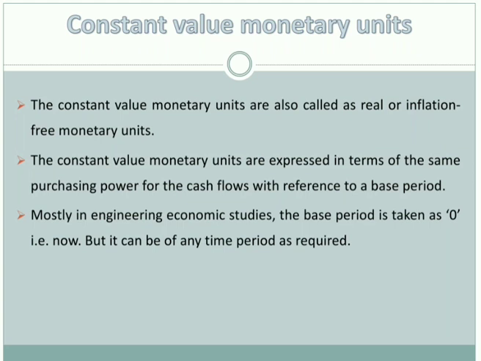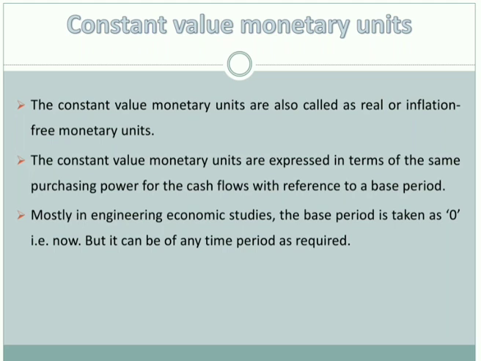What changes is the current effect of currency. The 1,000 rupees in 1960 will be equivalent to, say, about 100 rupees now, or 1,000 rupees now might be equivalent to 50,000 rupees in that era. What is this? Constant value monetary units.